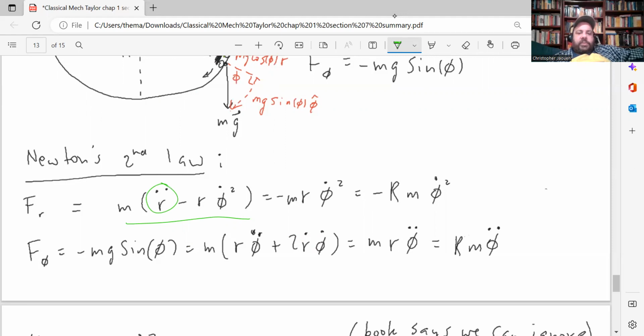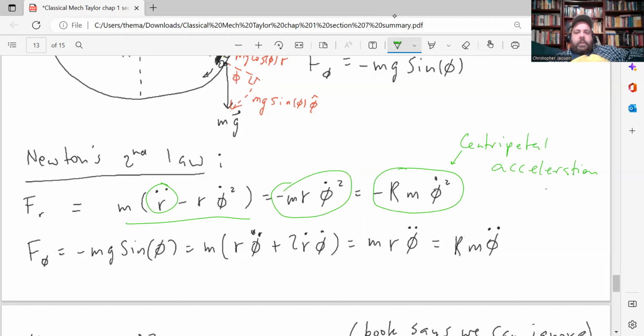So this simplifies to give you this expression here, which is, when I plug in capital R, you get this expression. R is a constant. And this is the centripetal acceleration times the mass. So that's what that component represents.